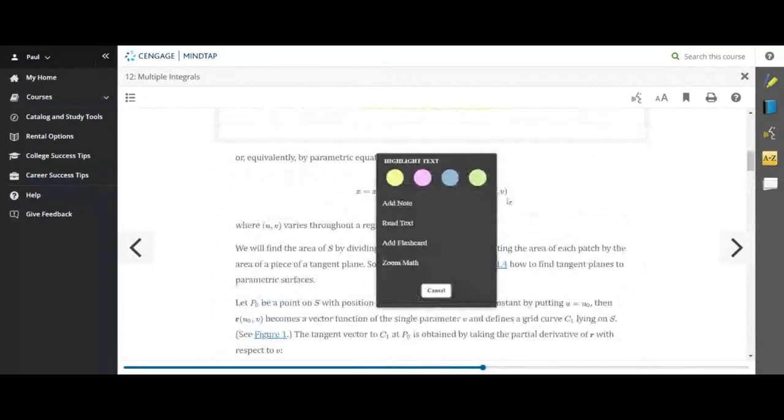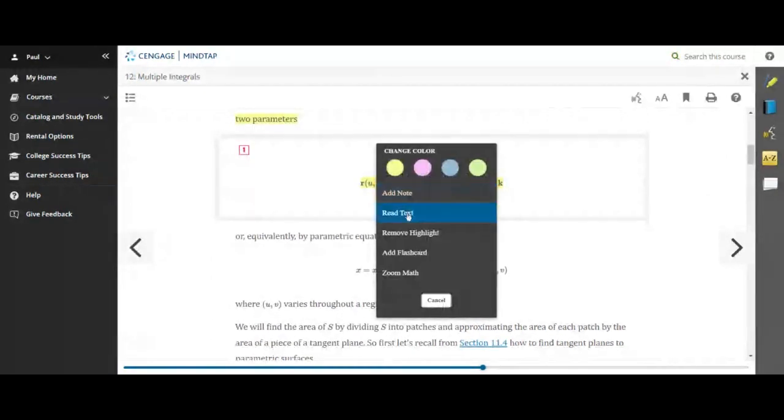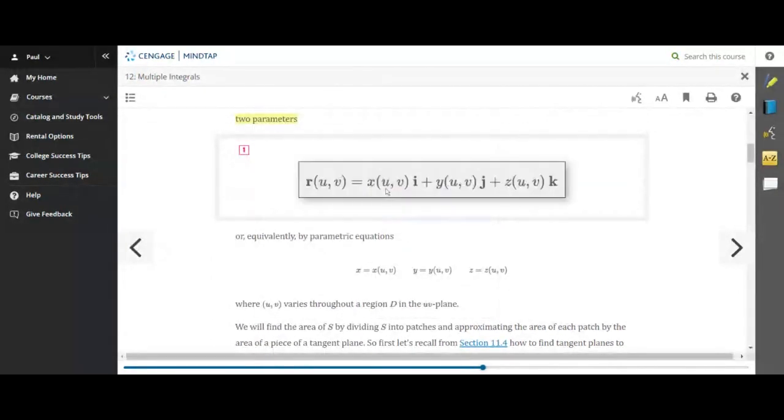Hold on, no, up a little bit. Let me take off this highlight.